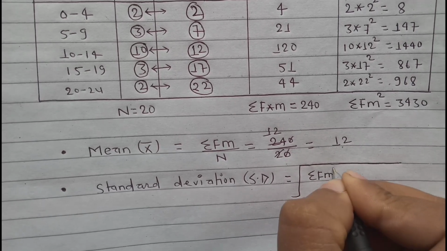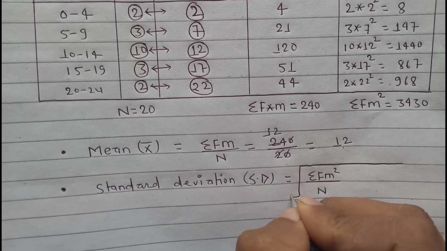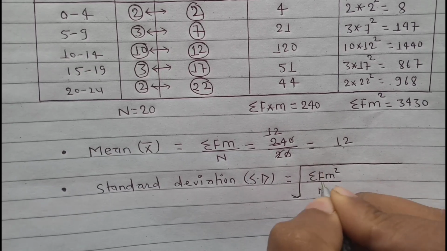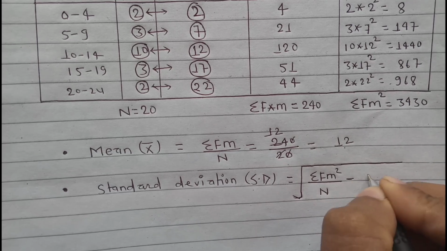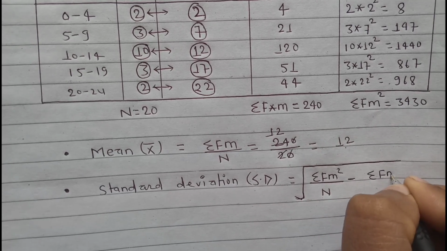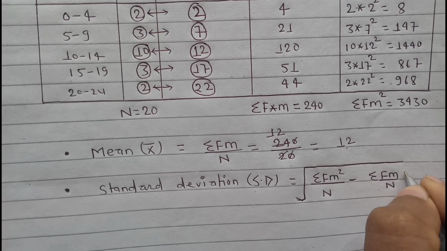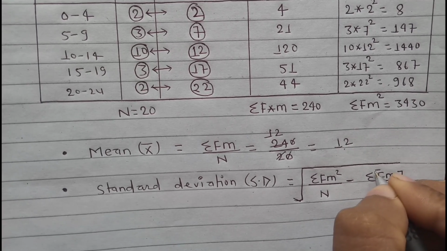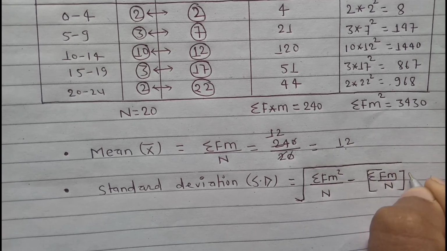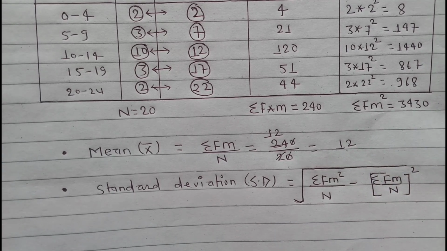So what is the formula of standard deviation by the direct method? Root over summation fm square by n minus, summation fm by n whole square. You have to write it like that.